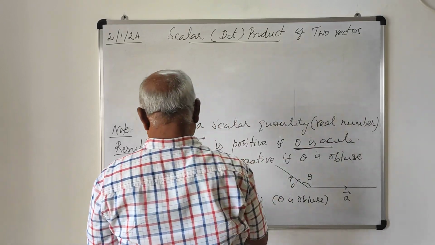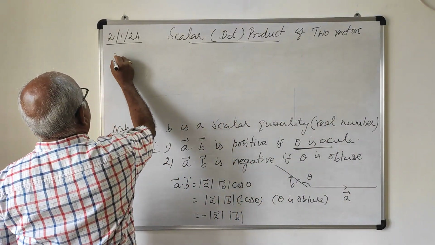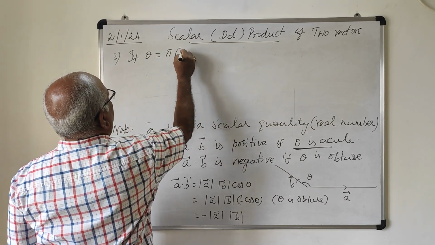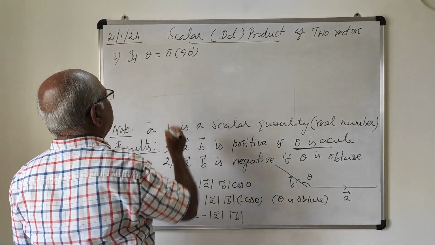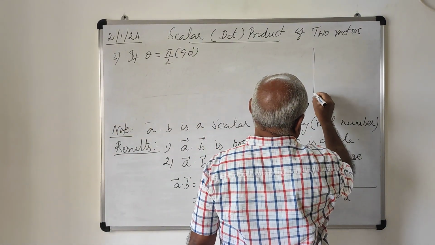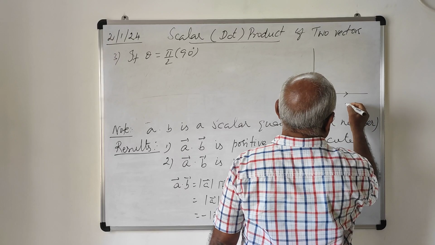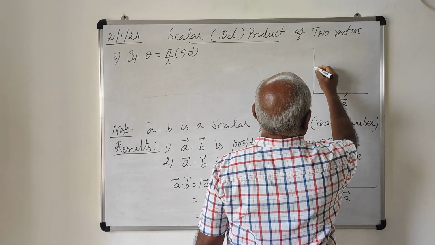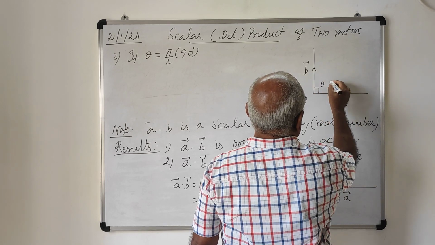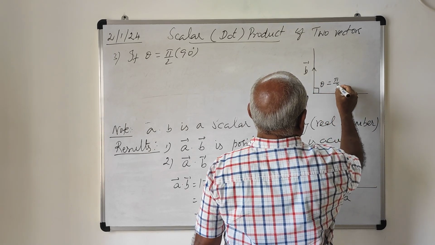If theta is pi by 2 or 90 degree, this is vector A and this is vector B, and theta is 90 or pi by 2 radian.